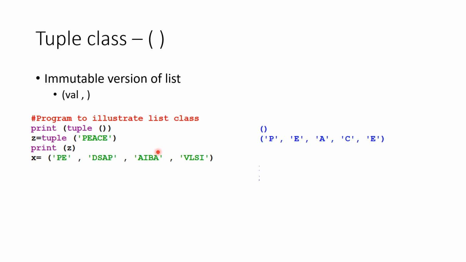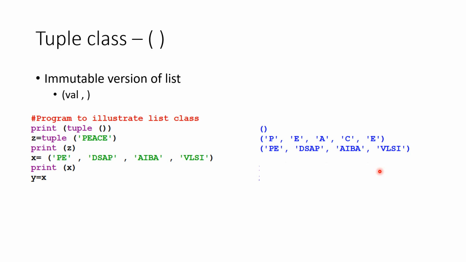And also we can assign values to the tuple, like I have given x is equal to pe, dsap, iba, and vlsi. After assigning, if you want to see it, you can just print it. So pe, dsap, iba, vlsi is stored in this x tuple, and when you print it, you'll get the same thing.